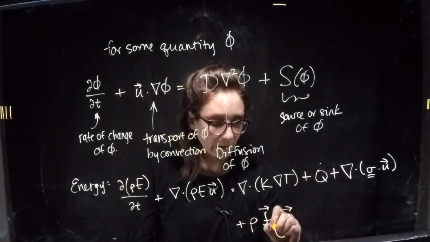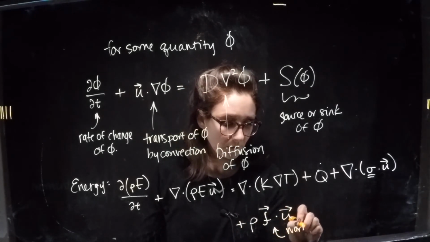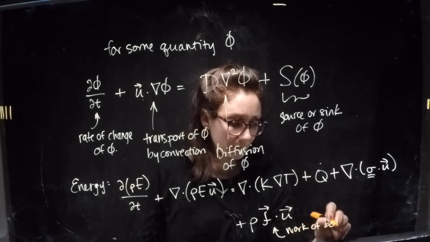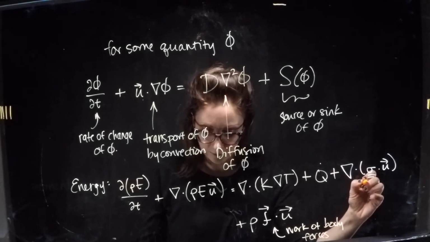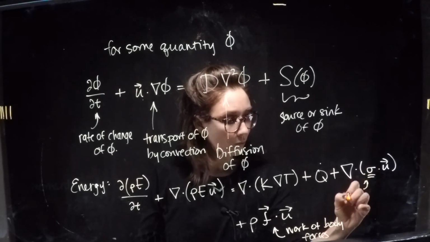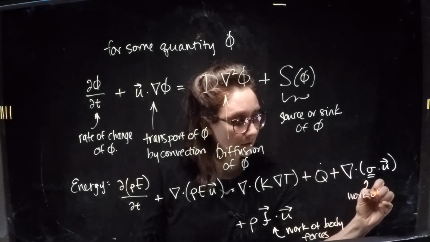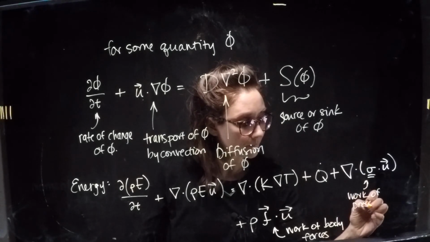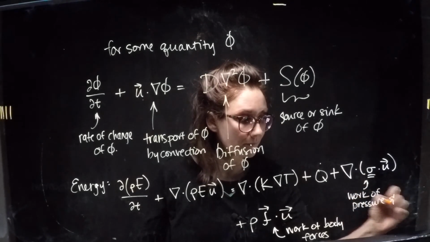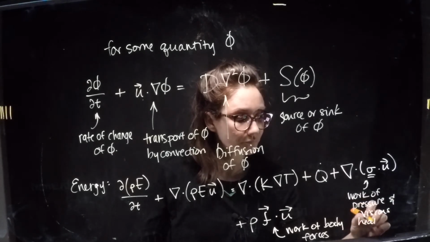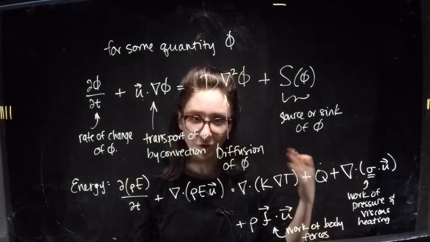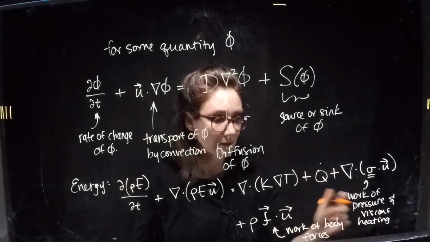So this is work of body forces. This is work of pressure and viscous heating. So viscosity is kind of like a frictional effect. So that's what we mean by viscous heating.